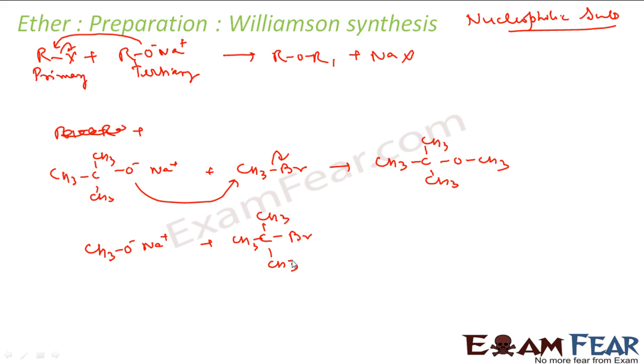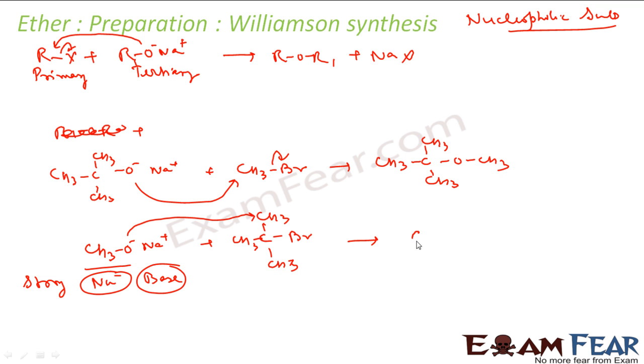So instead of attacking this carbon, it will attack any of the hydrogens. This CH3O minus is a strong nucleophile and strong base also. So if due to steric hindrance it is not able to act as nucleophile, it will act as strong base. It will pluck out this hydrogen from here, so it will have elimination reaction.